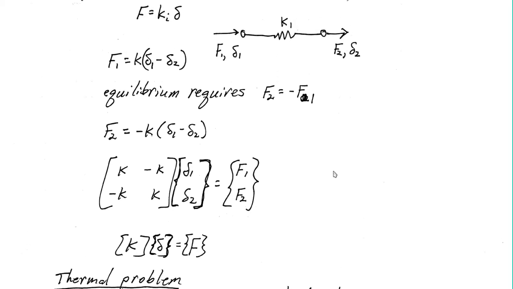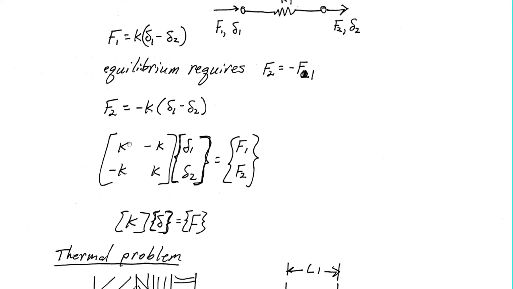In practice, you're going to know either a force or a displacement at this point, and you're going to solve for a force or displacement at this point. So in all these problems we do, whether it's mechanics, 1D, 2D, 3D, you're going to know a set of displacements, a set of forces on a surface, or if it's temperature, which we'll get into in a minute, you have a similar set of knowns and unknowns.